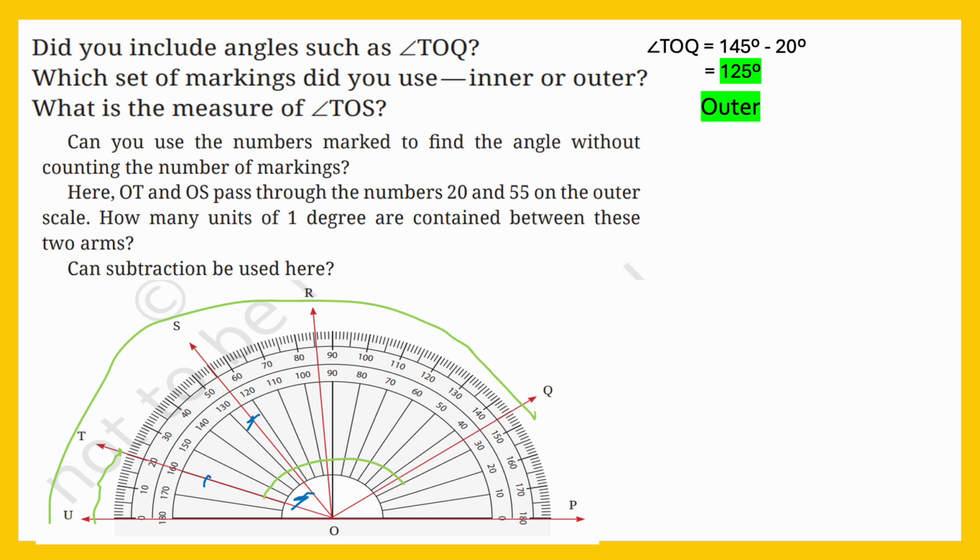We can see 20 and 55. On the outer scale, how many units of 1 degree are contained between these two arms? Can subtraction be used here? We have to subtract 55 minus 20, that is 35. So this angle TOS is 35 degrees.